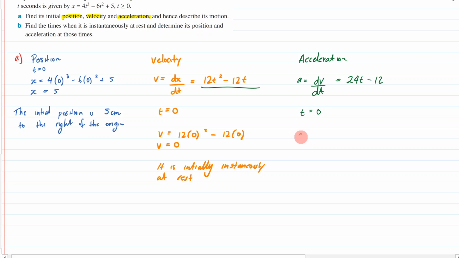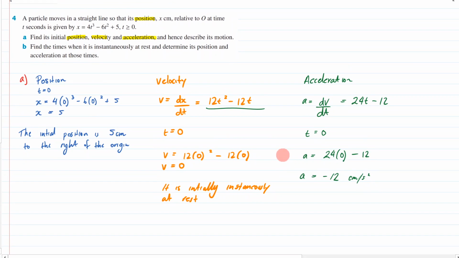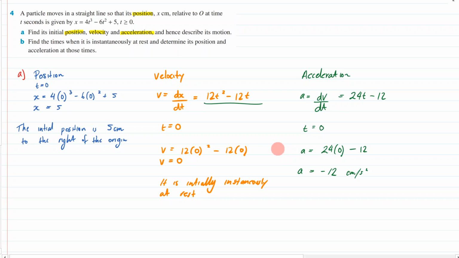So acceleration is going to be equal to 24 times 0 minus 12. The acceleration is going to be negative 12. And if you wanted to give this units, you could say that it's centimeters per second squared.